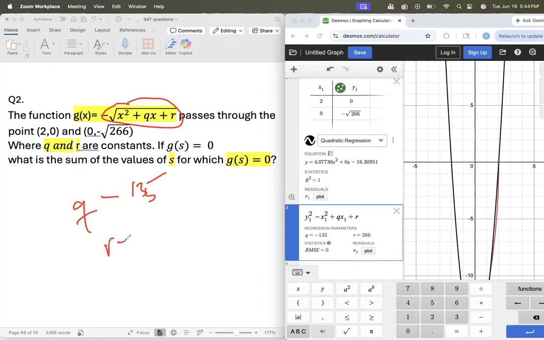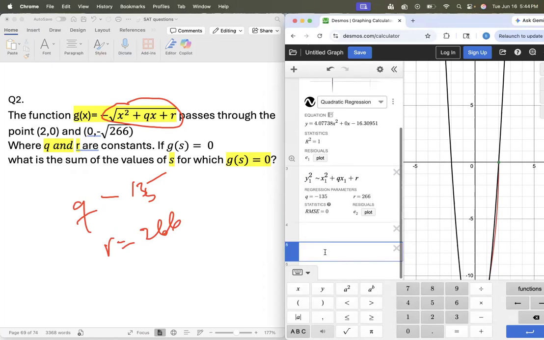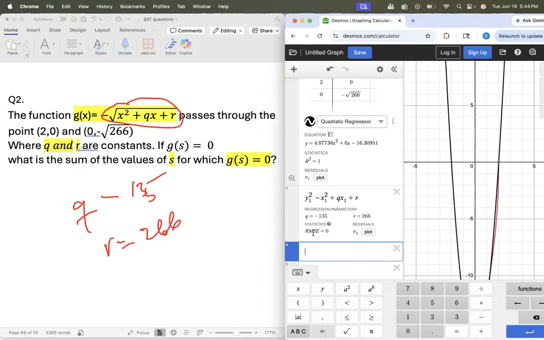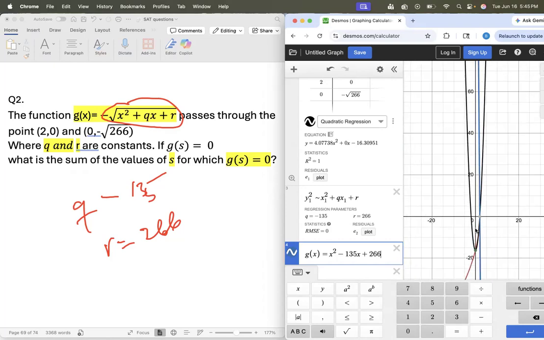And r is 266. I'll also show you something that is very, very important. Now, our true function is what? You can put it in the system. Now, your true function is what? g of x is now this, right? That's your new function. And what do you see?